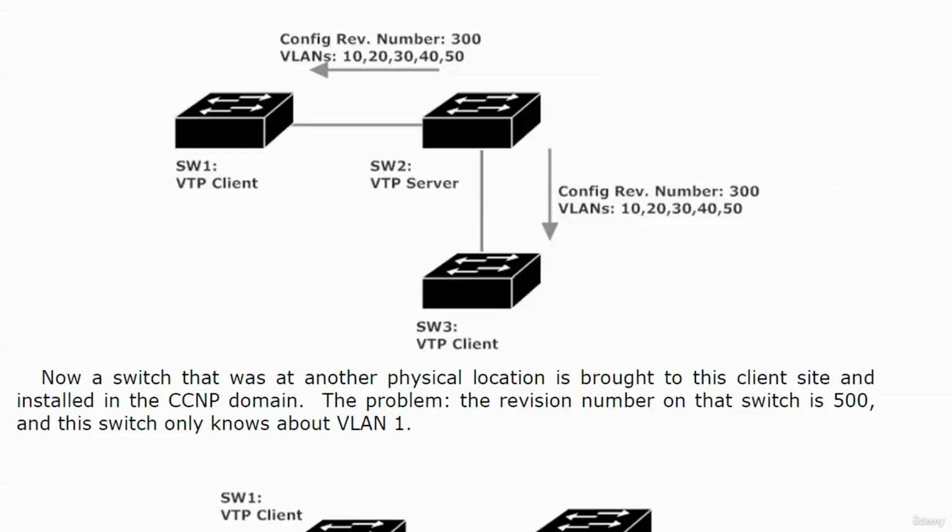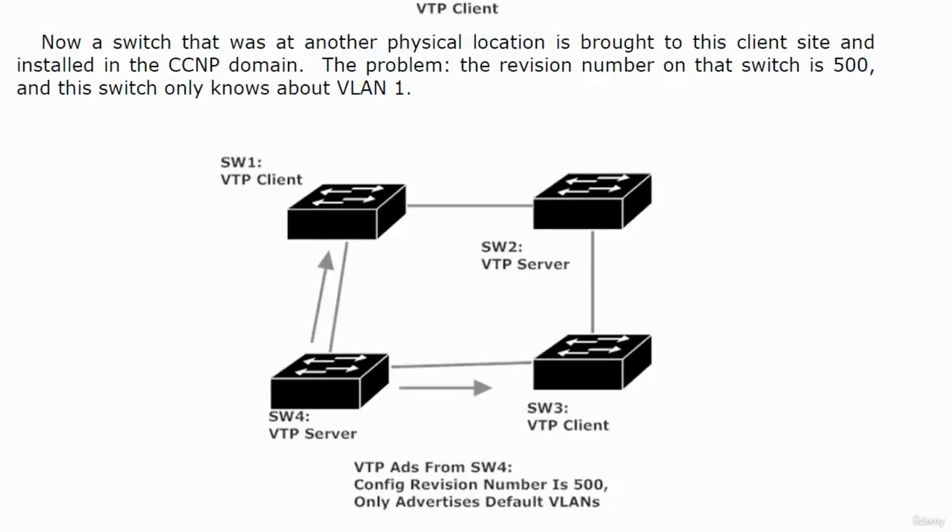So, nothing wrong here, but now a switch that was at another physical location, maybe out of another client's network, maybe out of a CCNP CCIE practice lab back at our headquarters, is just taken and inserted into the CCNP domain. The problem is that the revision number on this switch is 500, and this switch only knows about VLAN 1. It doesn't know any of those non-default VLANs.